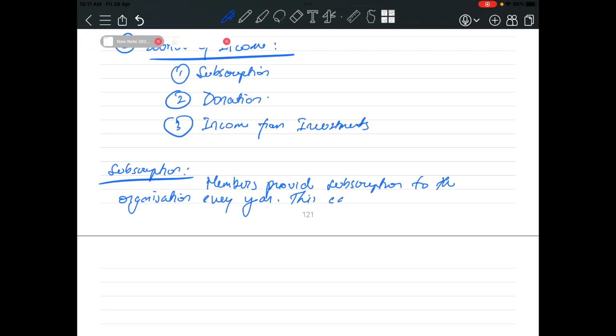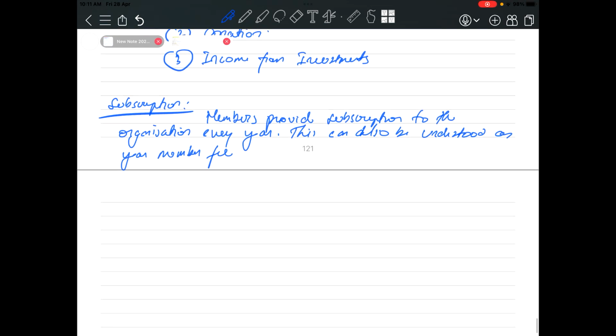This can also be understood as yearly member fee. So there will be members in the organization, and members will give a membership fee every year to the organization. That will be called subscription. I hope this is clear.